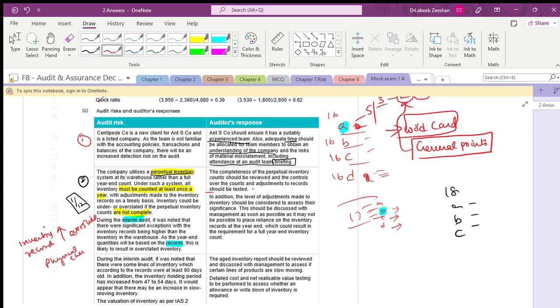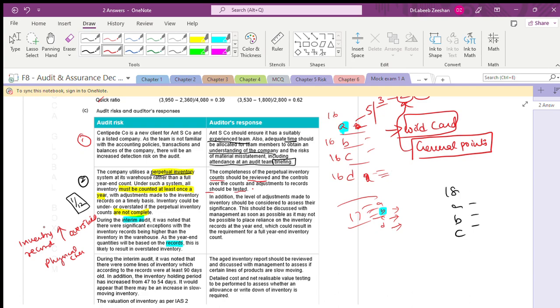You are going to review the counts and controls over how they have been recorded and how they have been tested. You will review only, okay?